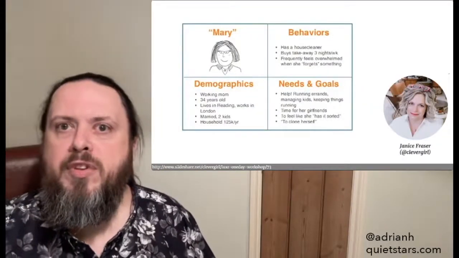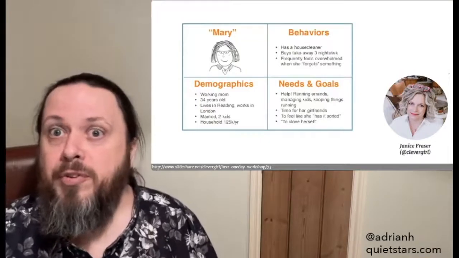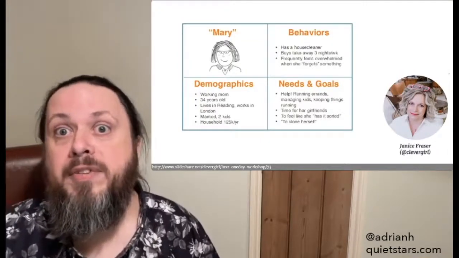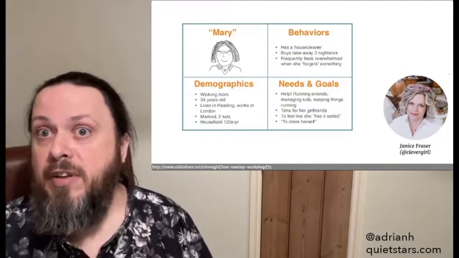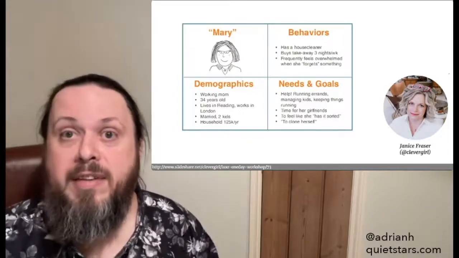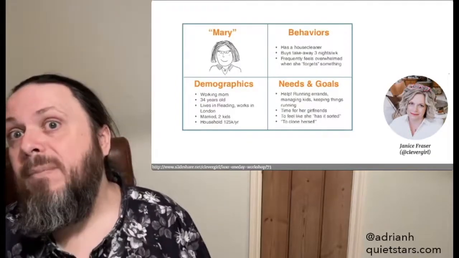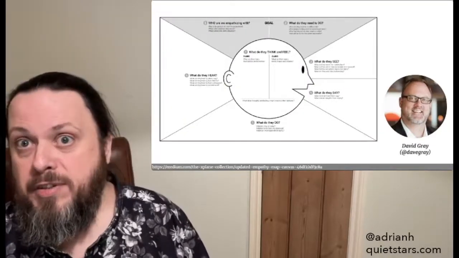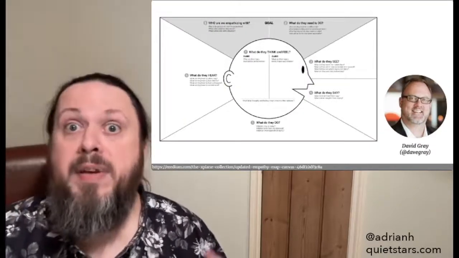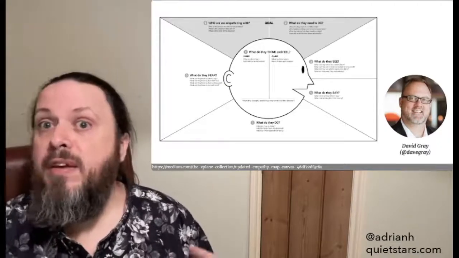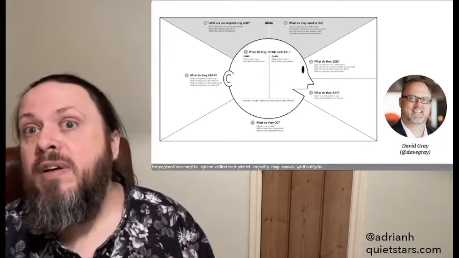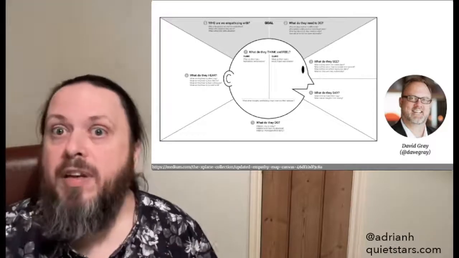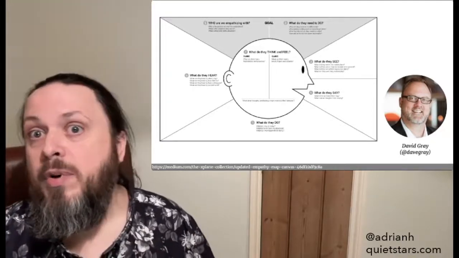We got them to use simple 4x4s to describe their typical customers, something I first learned from the writing of the excellent Janice Fraser. We got them to use empathy maps to describe those customers' experiences, what they saw, what they heard, what their pain points were, a practice I learned from Dave Gray's work.